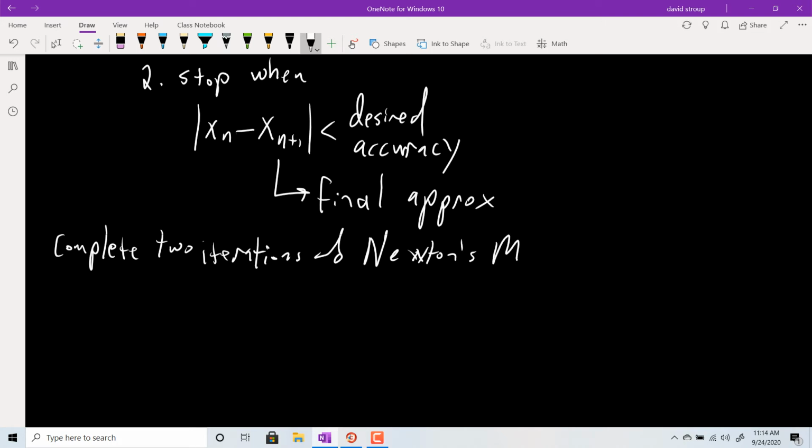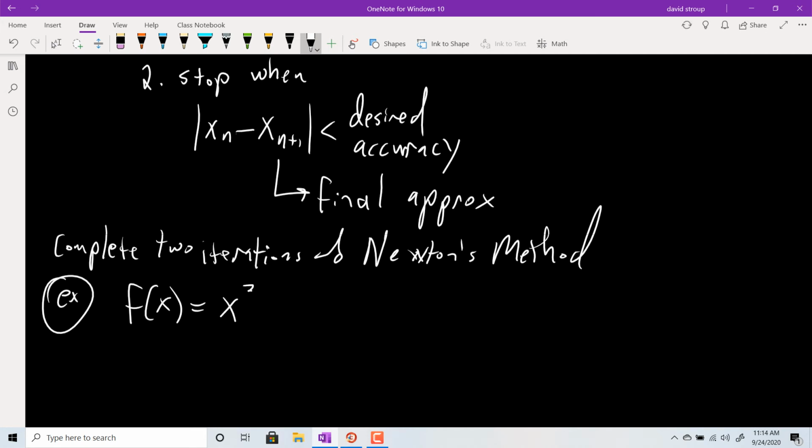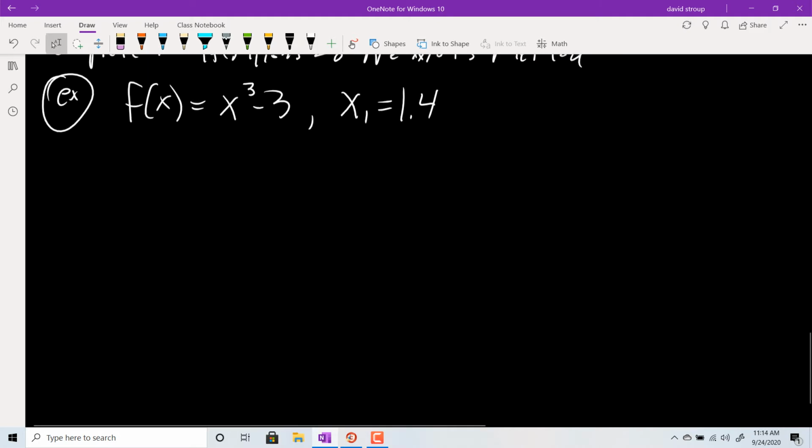Okay, so for example, we have f of x equaling x cubed minus 3 and x sub 1 equals 1.4. So we start with x sub 1, 1.4. We're also going to need the derivative, so we might as well get that. F prime of x is 3x squared, and then the derivative of minus 3 is 0. Okay, we got it.